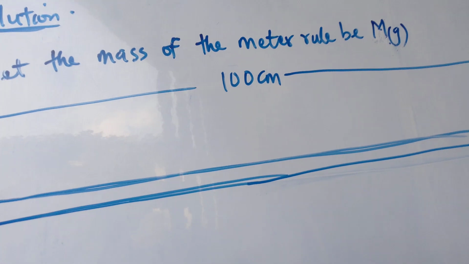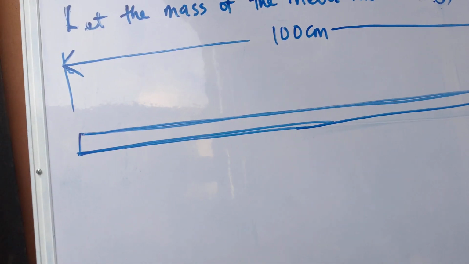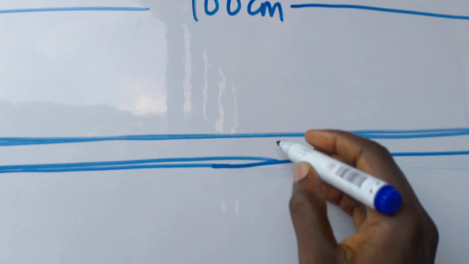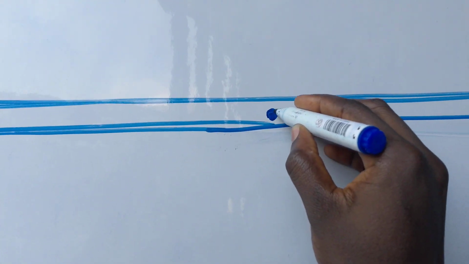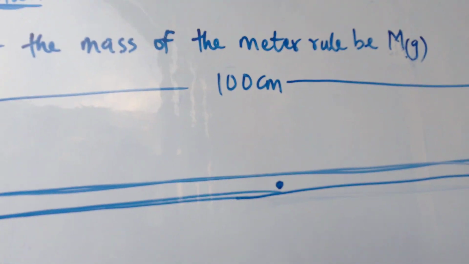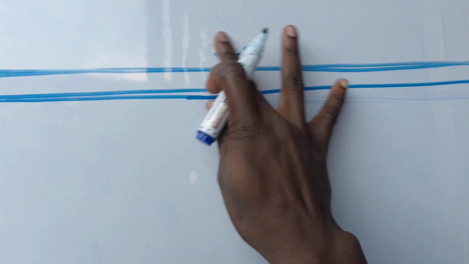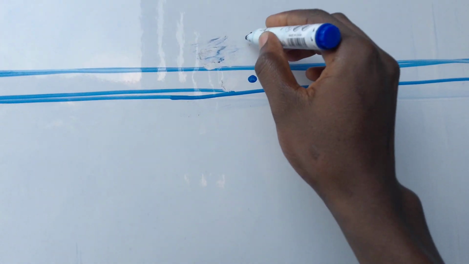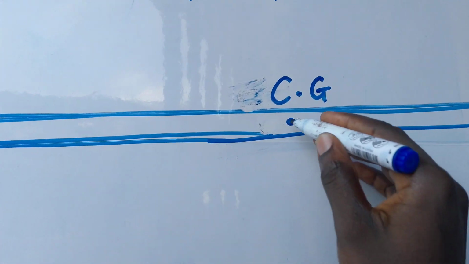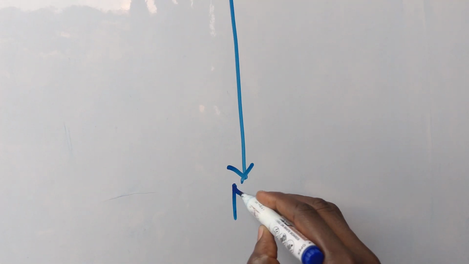Take note. And the center of gravity most times is at the center, so half of 100 is 50. It means that my center of gravity will act at the center point. This is where the mass of the meter rule is placed, exactly at the center of gravity, G.